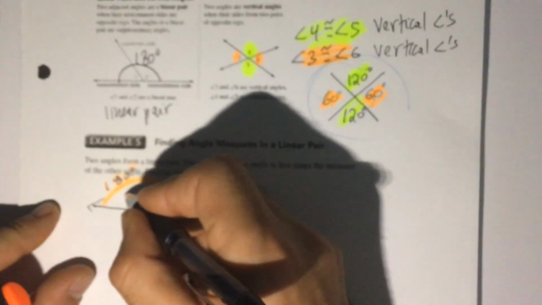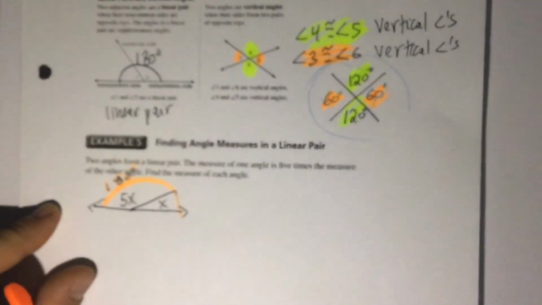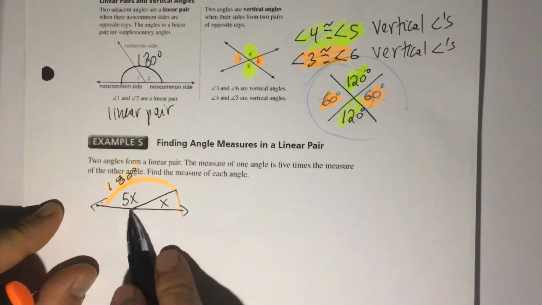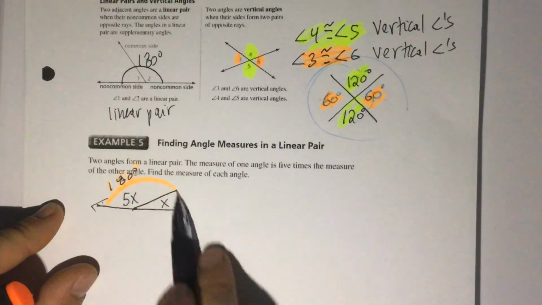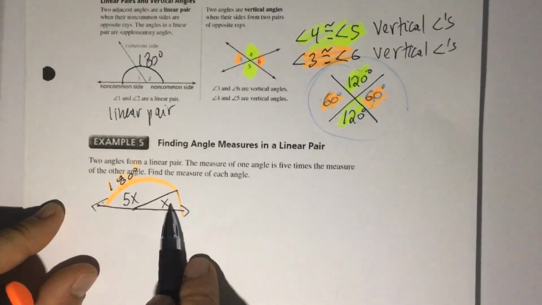And they're saying that one angle is 5 times bigger than the other one. So this one is 5x, and this one is going to be x. We don't know what it is, but we know that this one is 5 times bigger than this one. So the whole thing is 180.